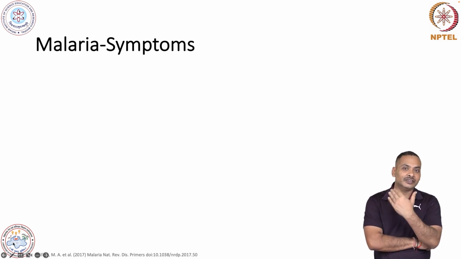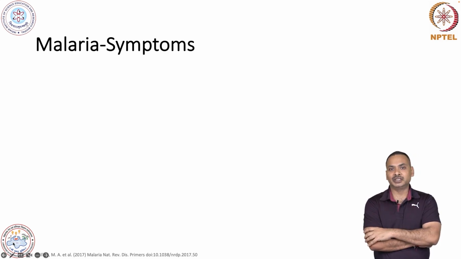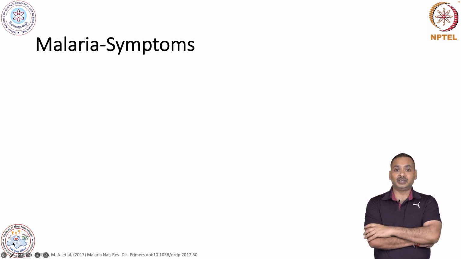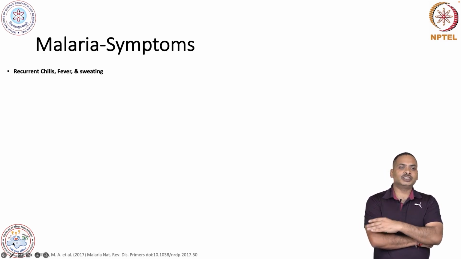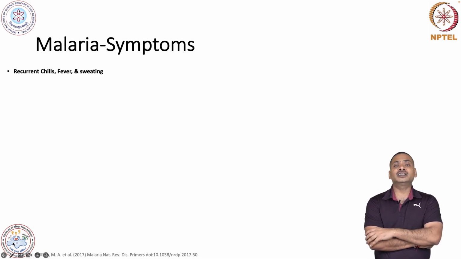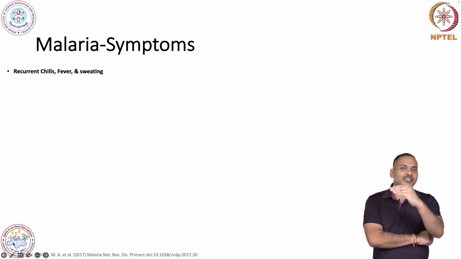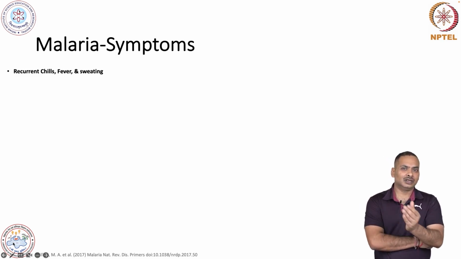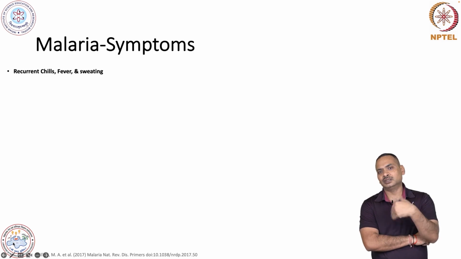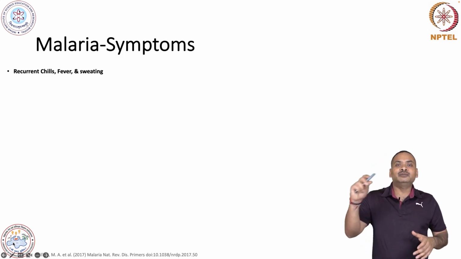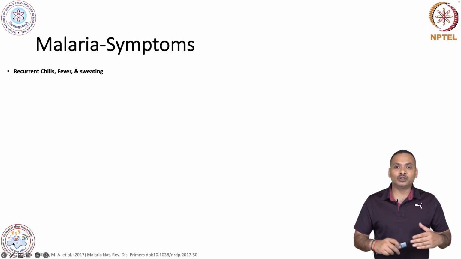I gave you some malaria symptoms in the beginning of the malaria lecture. So, here I will explain why some symptoms are appearing. Okay. So, of course, it is causing recurrent chills, fever and sweating. When these merozoites are released from RBCs, at that time there will be a peak of fever.